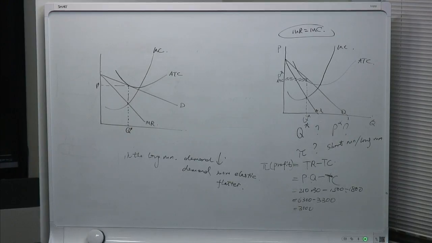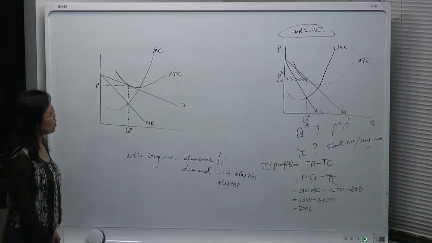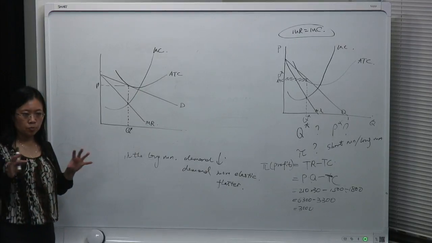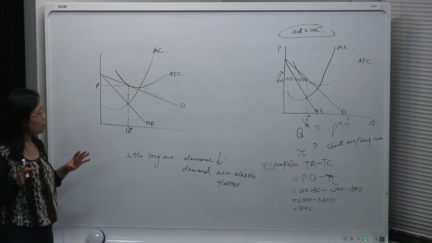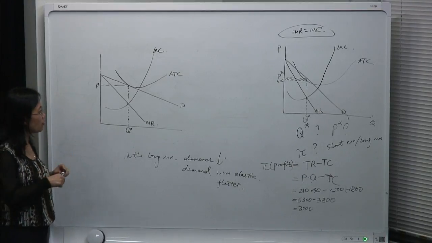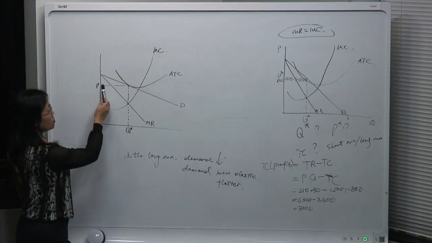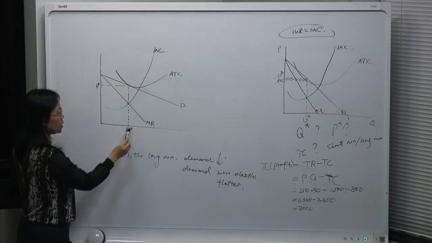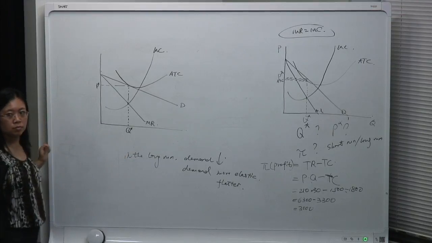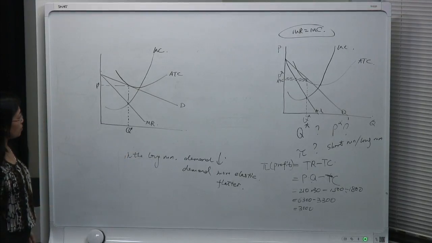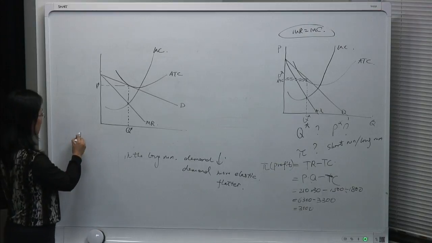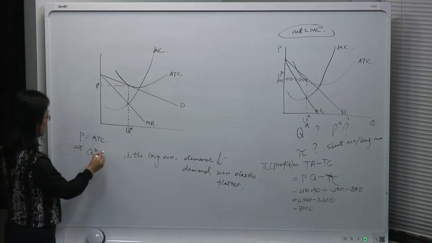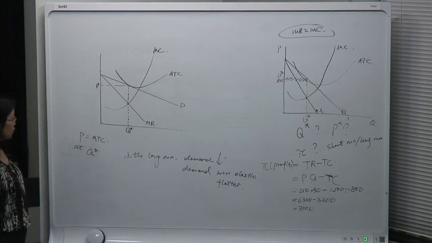Okay. So in the long run, eventually all the profit is going to be exhausted. And to show it on the graph, the price is going to be exactly equal to the ATC for this output level. So price equals ATC at Q star. That's why the profit is equal to 0.